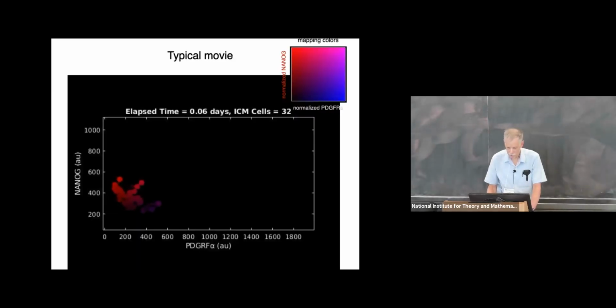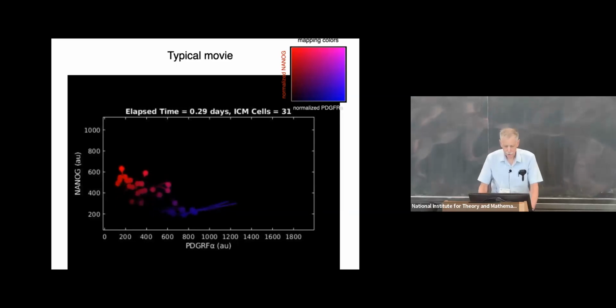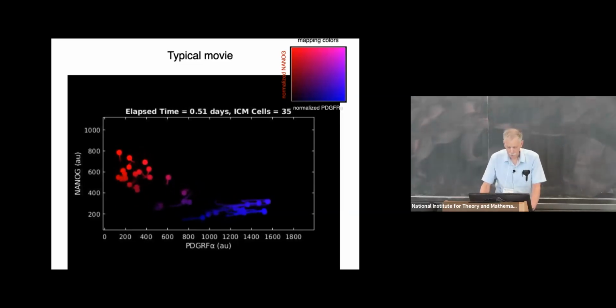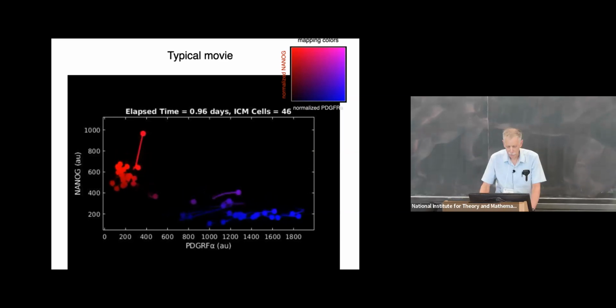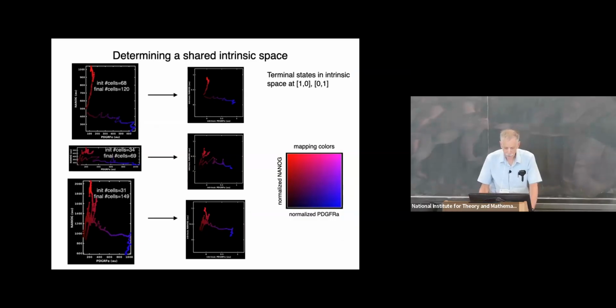So this is a sample of how cells in fluorescence space move around. They initially were clustered together, and at the end of the movie, you have an epi cluster on the left in red and a blue PRE cluster on the right, lower right. Many different fluorescence ranges have to map into the same intrinsic space.